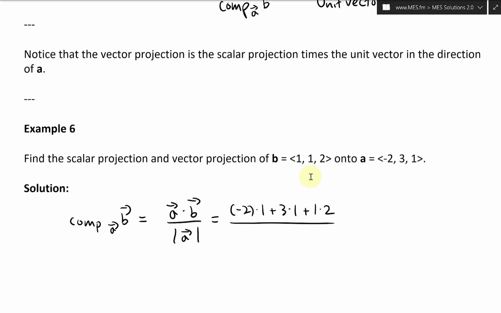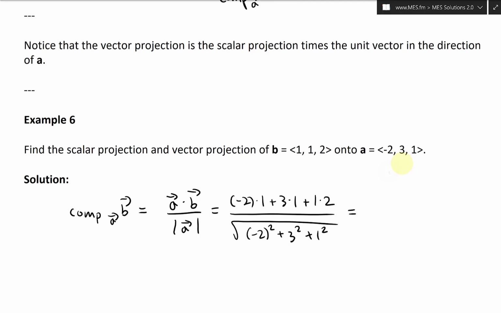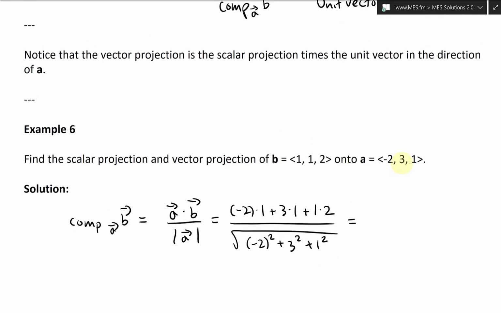And then divided by, and now we're going to look at the length of A here. That's going to be the positive square root of negative 2 squared plus 3 squared plus 1 squared. On top, negative 2 plus 3 plus 2. This cancels.